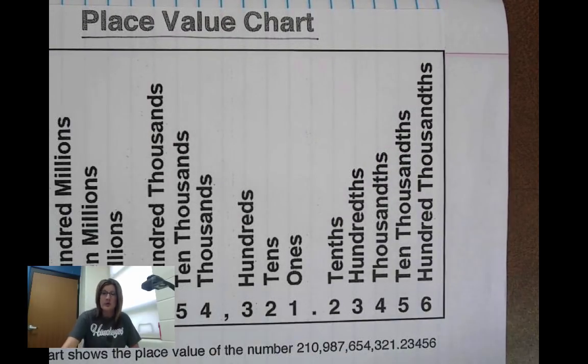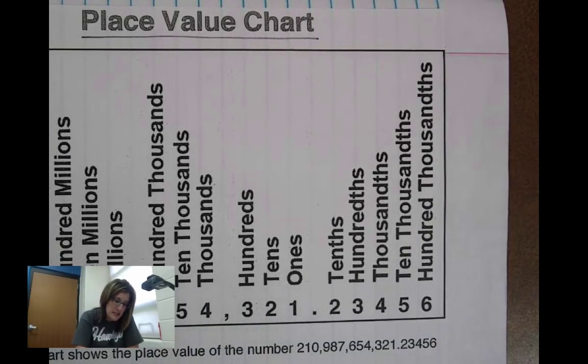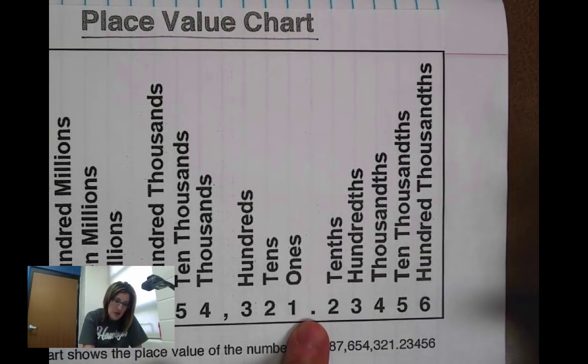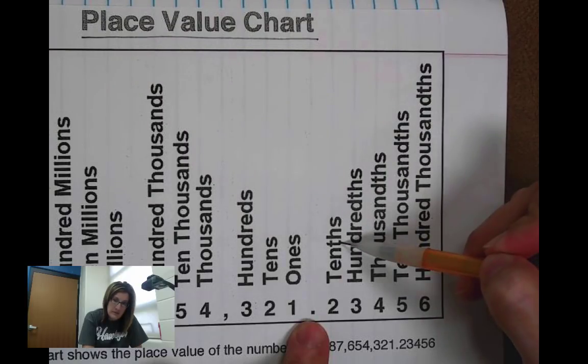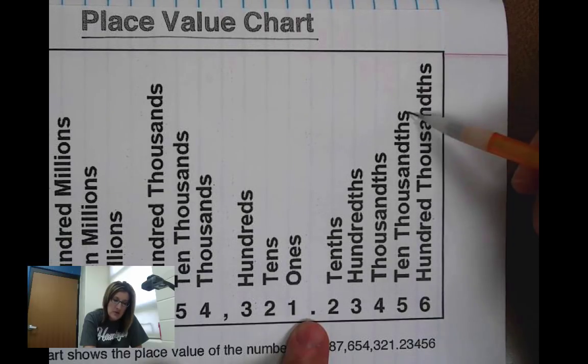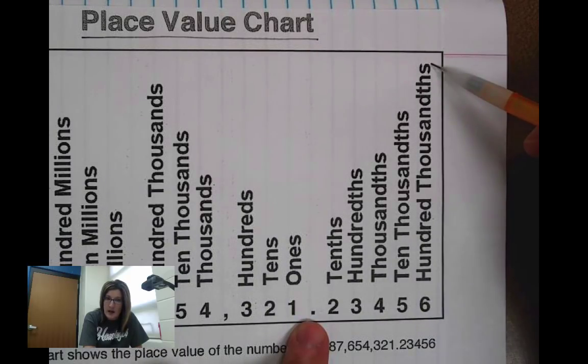One thing I want to point out before we continue with today's lesson is notice where our decimal point is here. And all of your numbers to the right of this, notice how they all end in THS. Notice that is to the right.